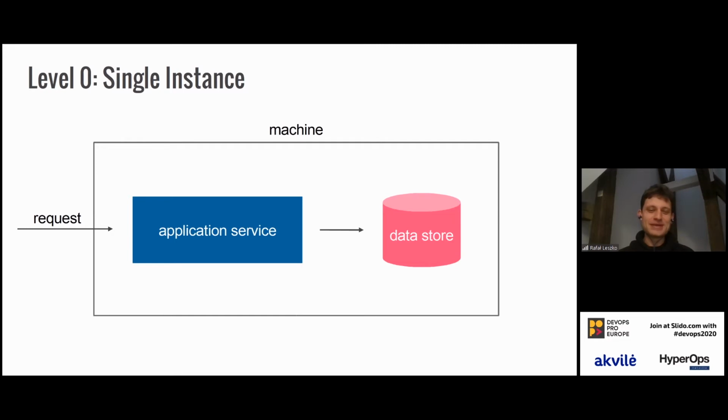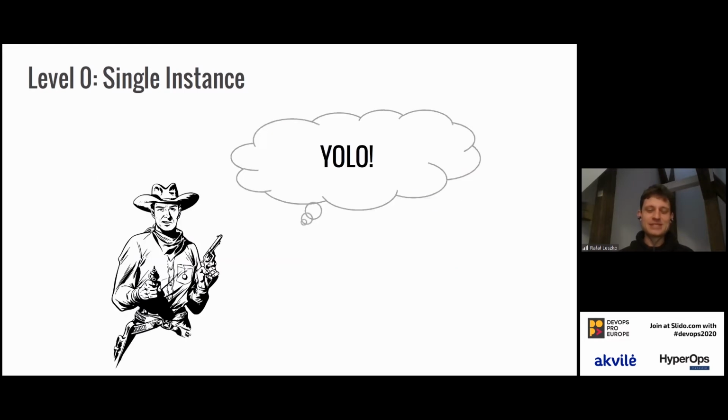Who would implement a system this way? It must be some cowboy YOLO developer doing crazy stuff. But actually, there are some cases when you can use it, like batch jobs which can be repeated, idempotent batch jobs, or other things that can simply be repeated.